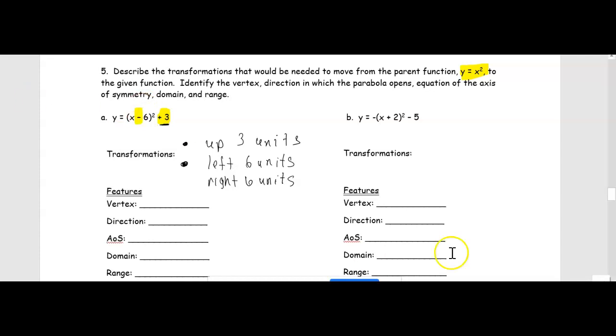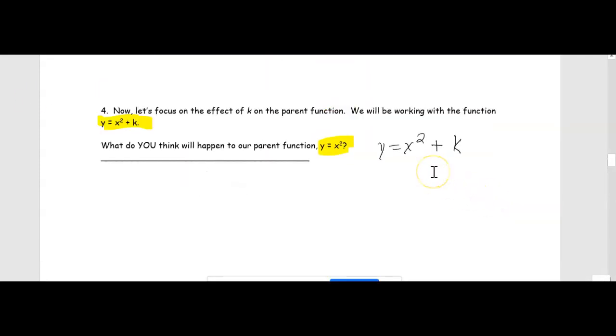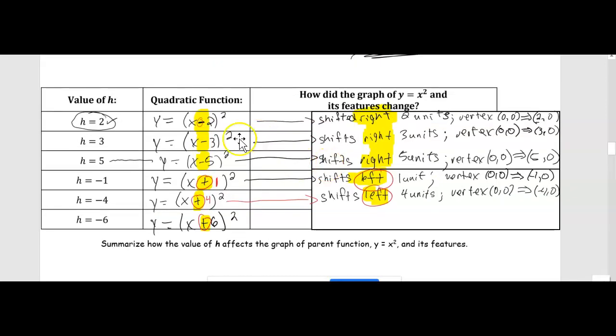So let's go back real quick. And this is what I mentioned earlier. This is the one you need to be careful of. When we had a minus sign in here, x minus 2, x minus 3, didn't it move us to the right? And if we had a plus sign, didn't the plus signs actually mean we got moved to the left? It is the opposite of what you might intuitively think for those.